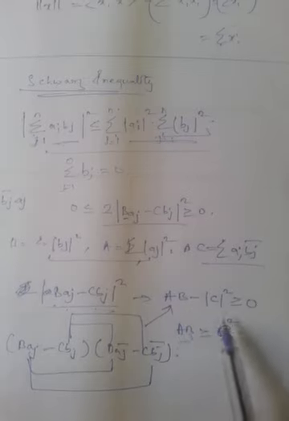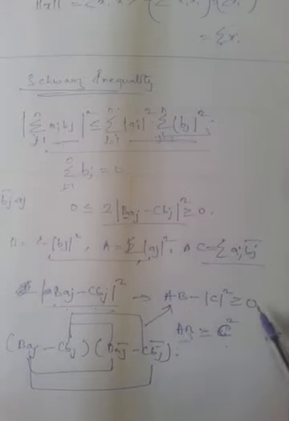When we add c square to both sides, we will end up having ab greater than or equal to c square. This inequality will act as a normal equal sign, so don't get confused. In easy terms, if you send c square to the other side, it will become plus c square. So this is pretty much about the Schwarz inequality.